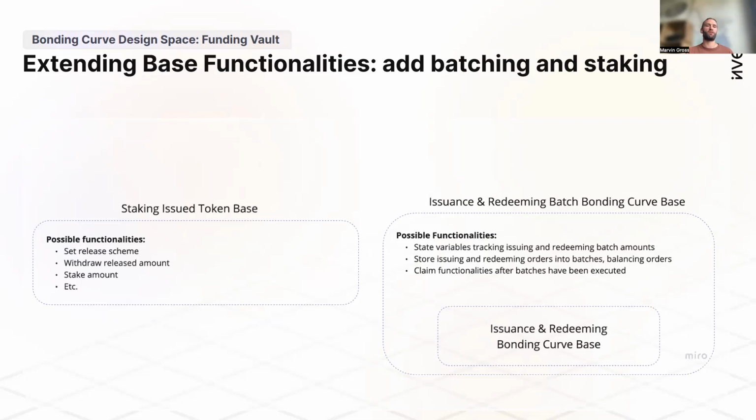One is within the funding vault, which is the overarching term for the part where the tokens flow in. And then we also have a whole design space of possibilities within the logic modules. So let's say we want to extend some base functionality.